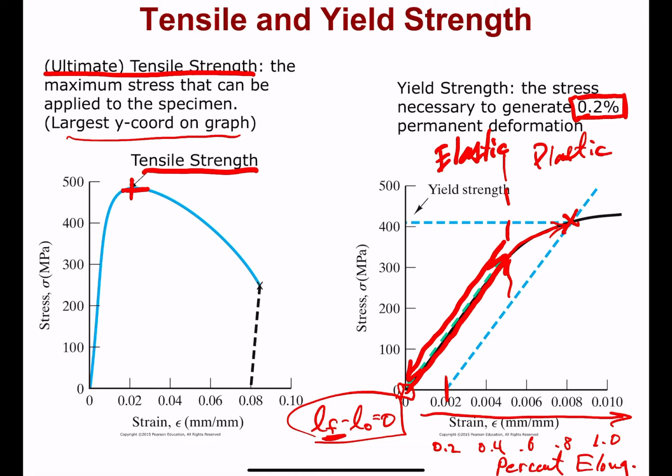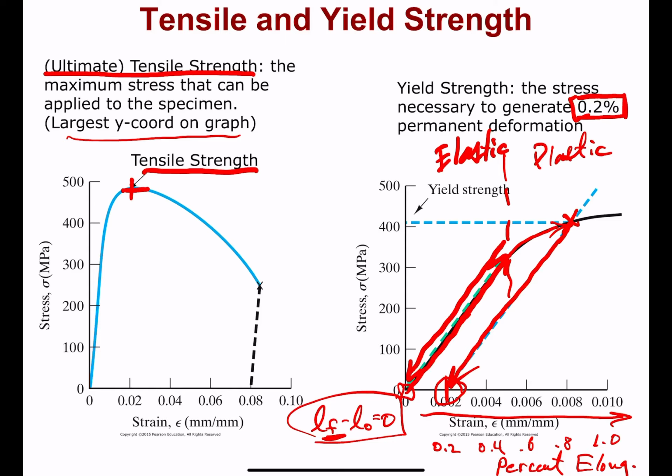And if we extended our experiment, we would return to 0 load, so climbing down the y-axis, return to 0 load. Notice that our unloading curve is parallel to our modulus because the material is still the same. And we would intercept the x-axis here at a non-zero value.